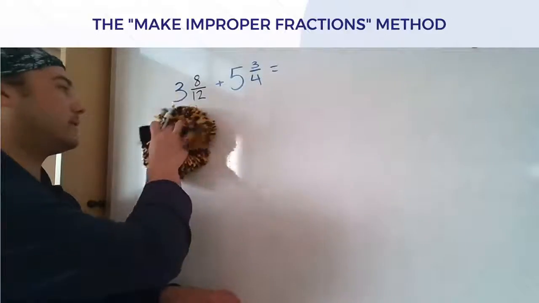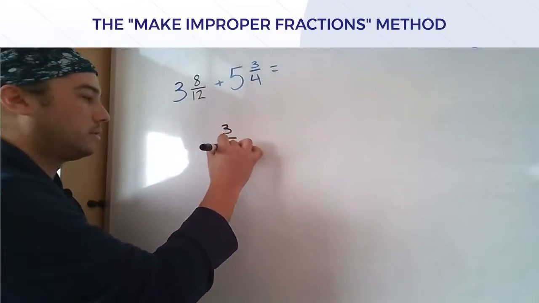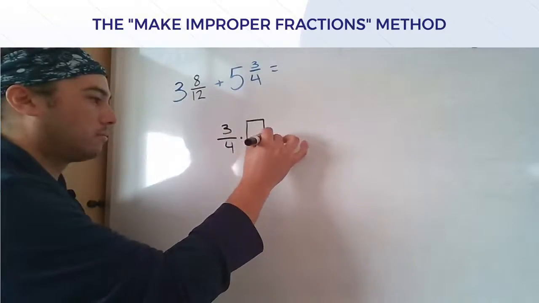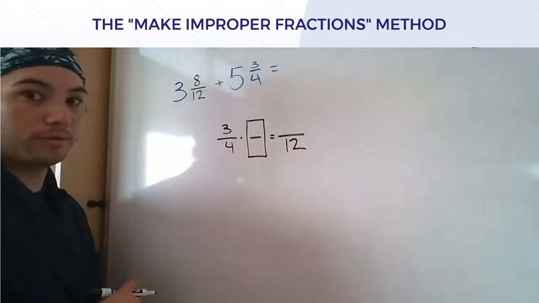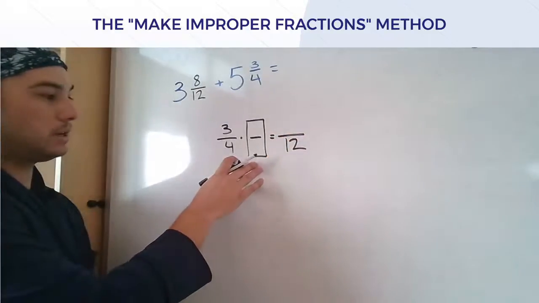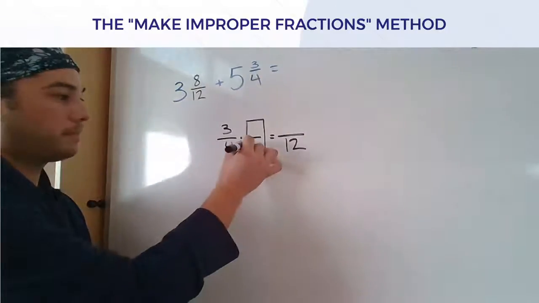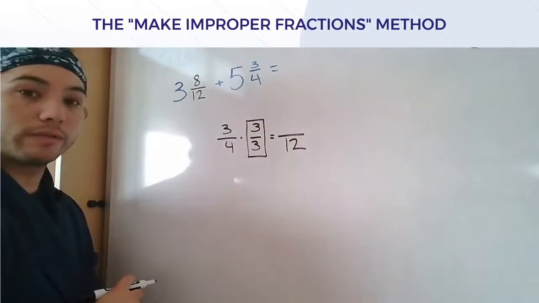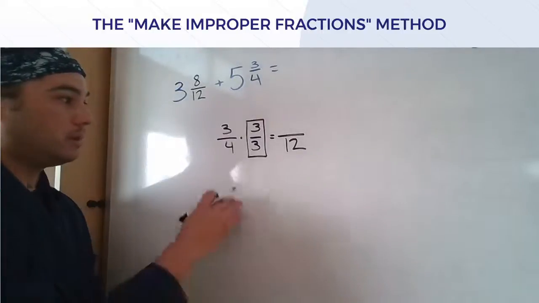So let's set up our format the exact same way here. 3/4 times some equivalent of 1 equals some number of twelfths. 4 times what equals 12? 3. So we're going to use 3/3 as our equivalent of 1. When you multiply by 1, you're not changing the value.